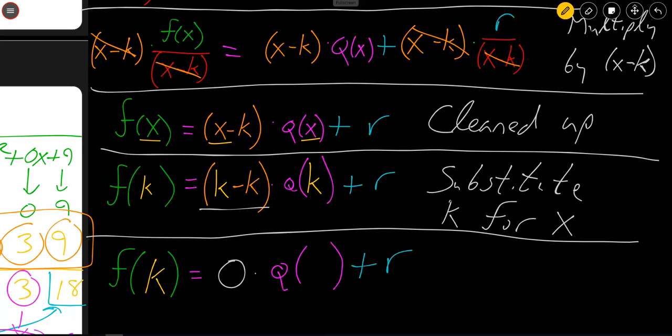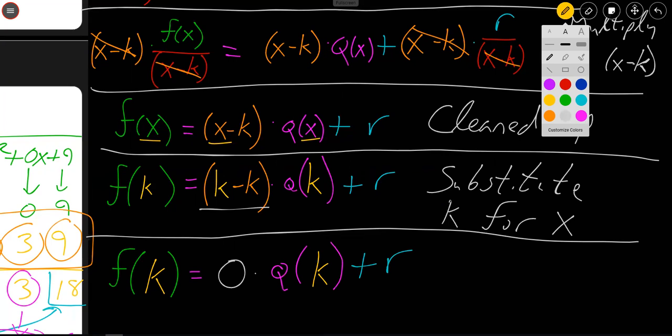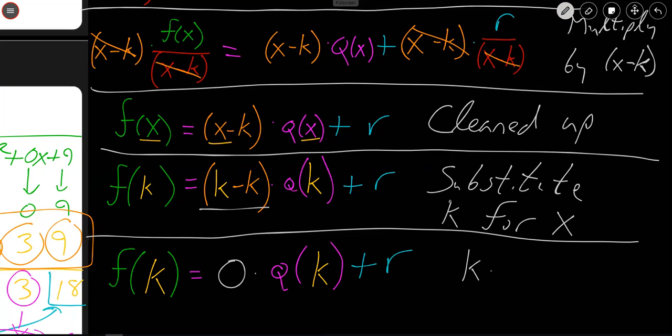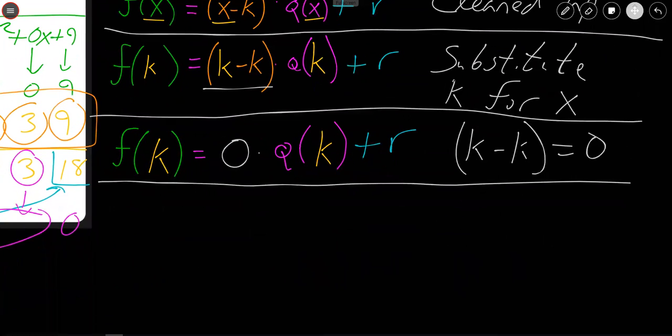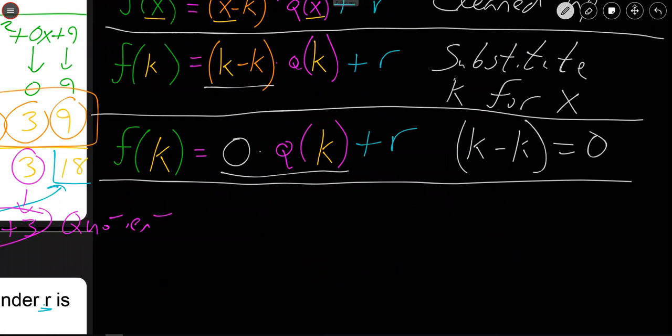So now I've got f of k equals 0 times q of k plus r. Well, if I've got a 0 there, 0 times q of k, this part right here is also going to equal 0, which means I've got a 0 now here.